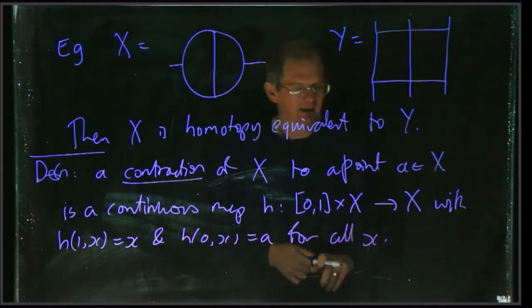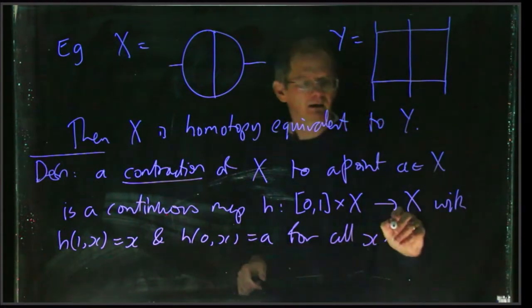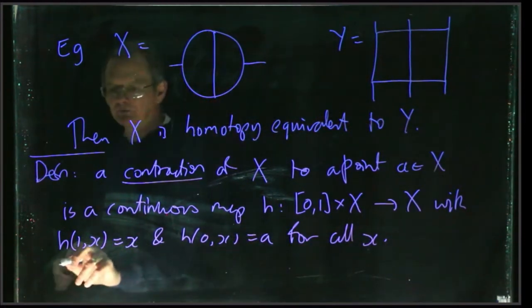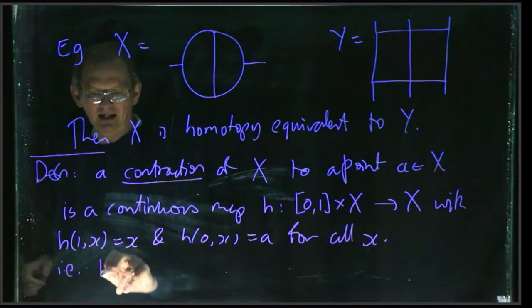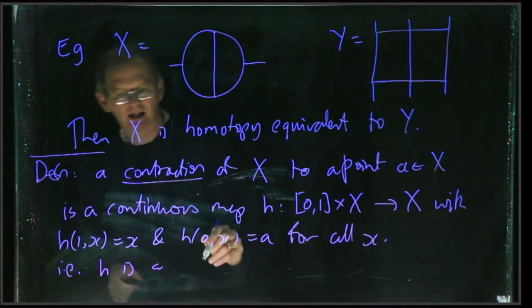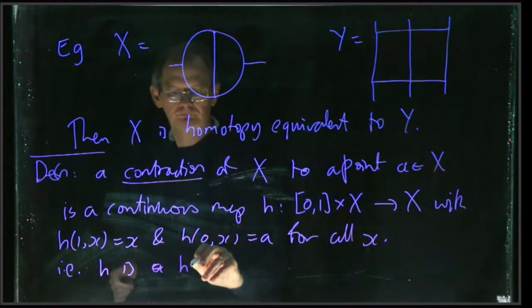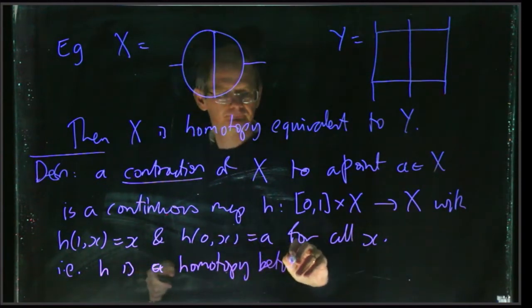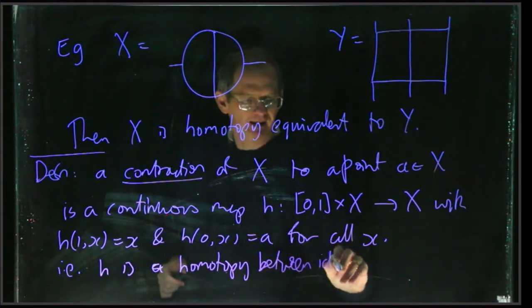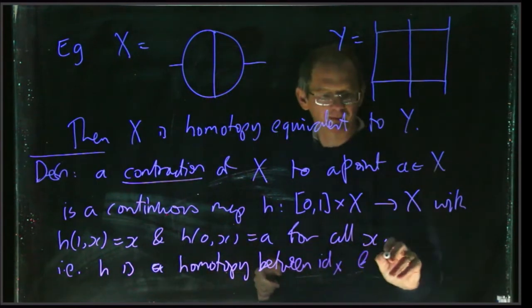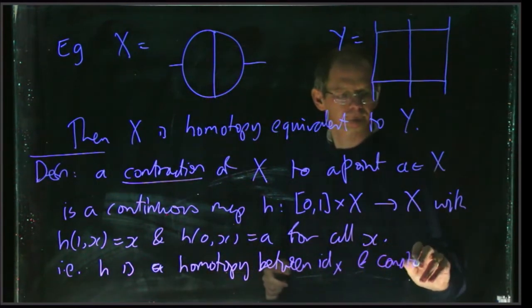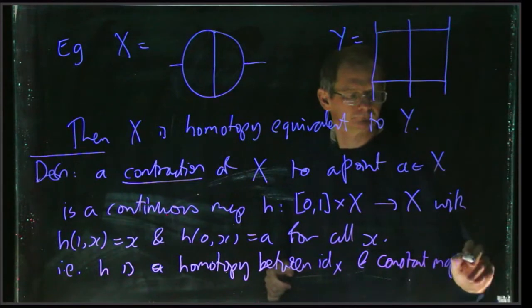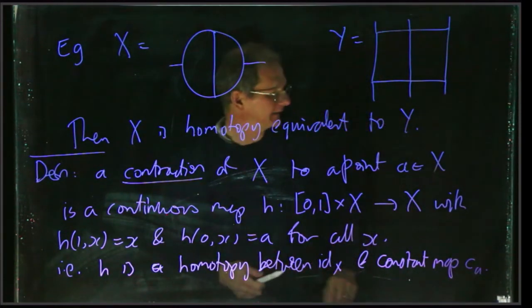In other words, H is a homotopy between the identity on X and the constant map c_A.